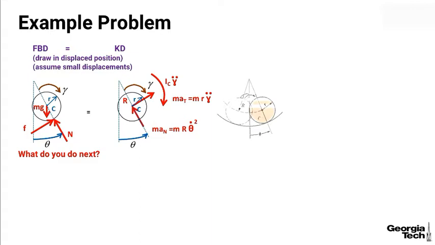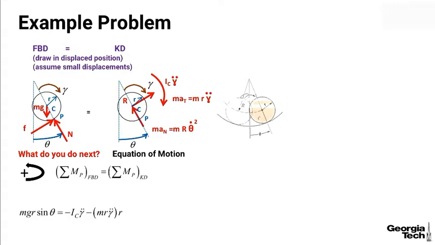As you've thought about that, the next thing to do is to come up with the equation of motion. In this case, I've chosen a point P at the location where the sphere contacts the cylindrical surface, and I'm going to sum moments about that point P. I've chosen counterclockwise as positive for assembling my equation.